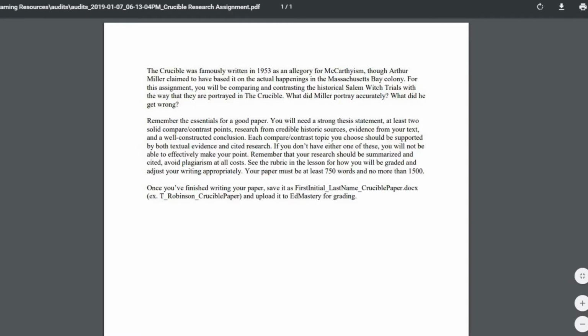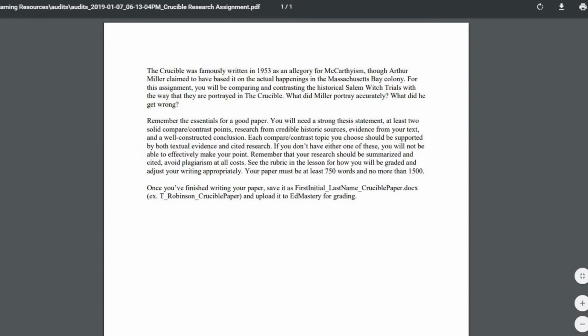For this assignment, you'll be comparing and contrasting the historical Salem witch trials with the way they are portrayed in the Crucible. What did Miller portray accurately? What did he get wrong? Now let me clarify this. The Crucible was an actual play written by Arthur Miller in 1953.